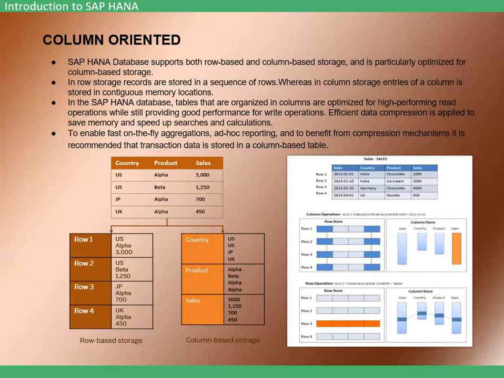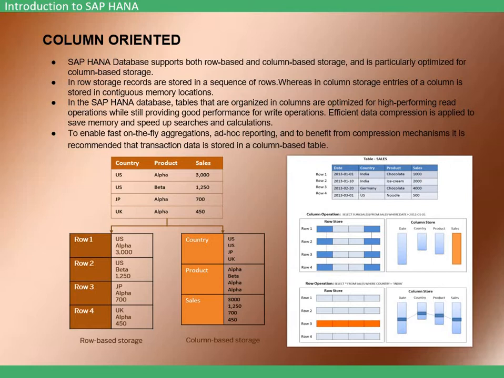Column oriented architecture. SAP HANA database supports both row based and column based storage and is particularly optimized for column based storage. In row storage, records are stored in sequence of rows, whereas in column storage, entries of a column are stored in a contiguous memory location.